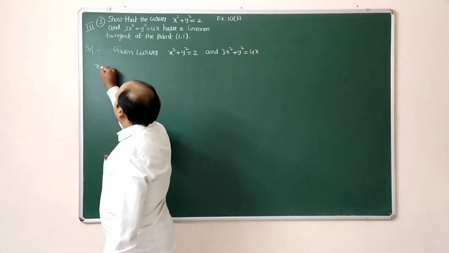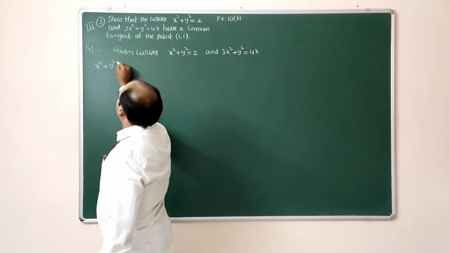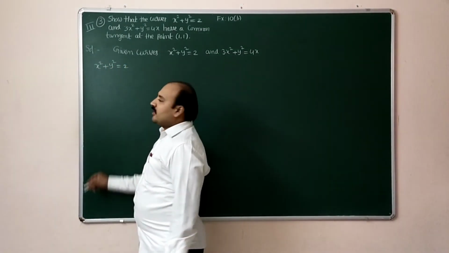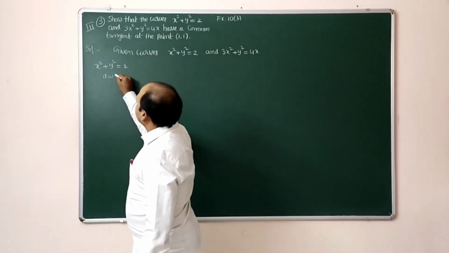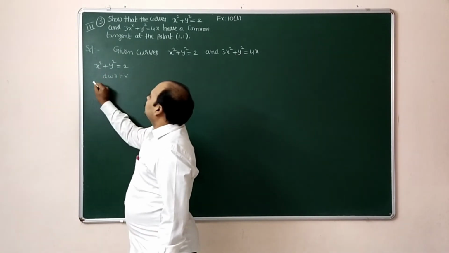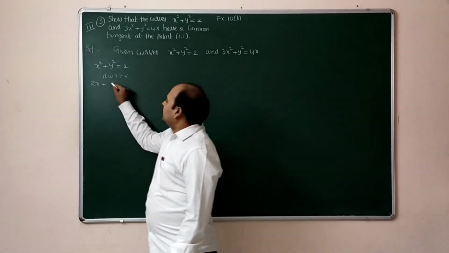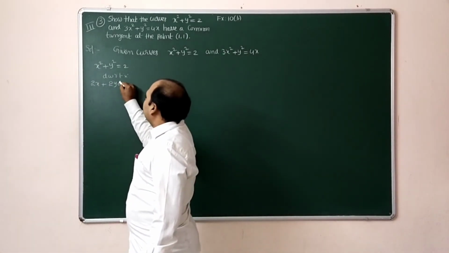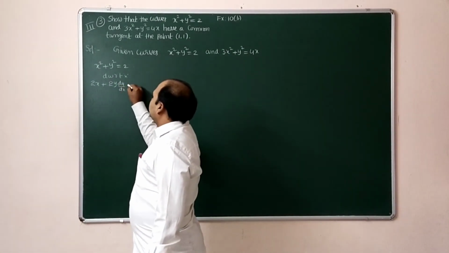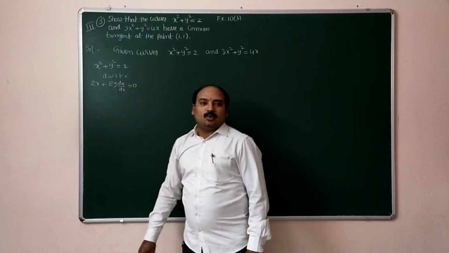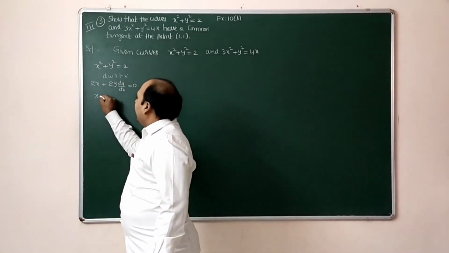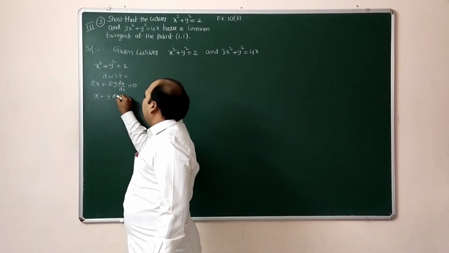So x square plus y square equal to 2. Differentiate with respect to x. So x square derivative is 2x plus y square derivative is 2y, again y derivative is dy by dx, which is equal to, constant derivative is 0. So now x plus y into dy by dx equal to 0.